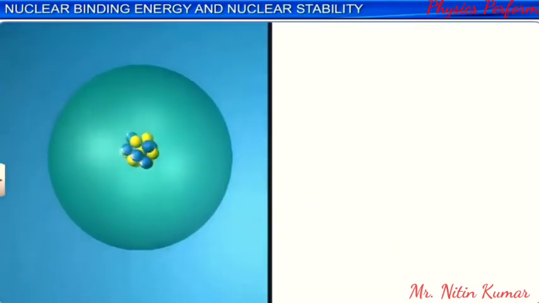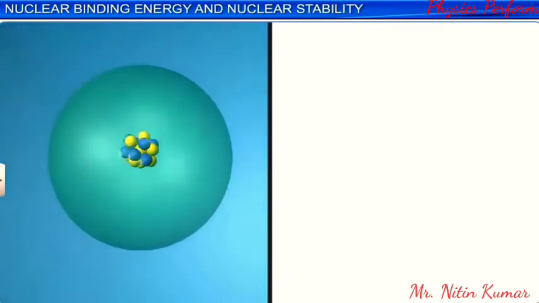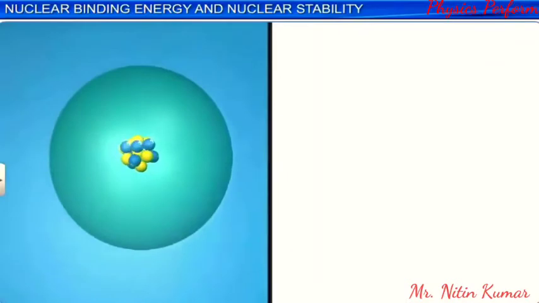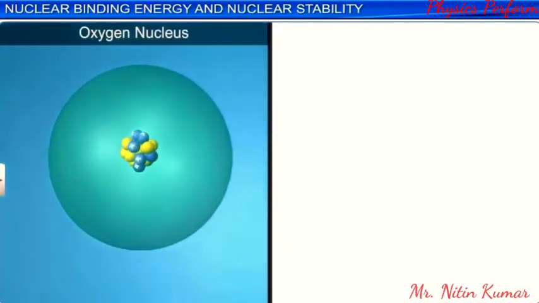considering a sample nucleus, say an oxygen nucleus. An oxygen nucleus is made up of 8 neutrons and 8 protons, and hence its atomic number Z equals 8 and mass number A is equal to 16.